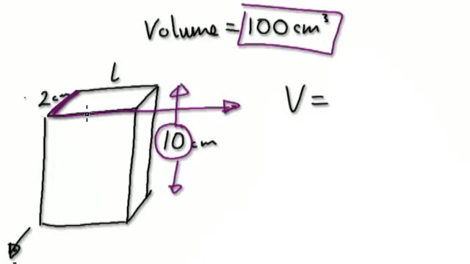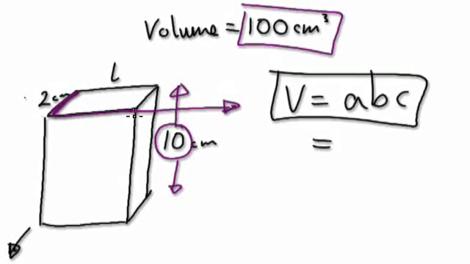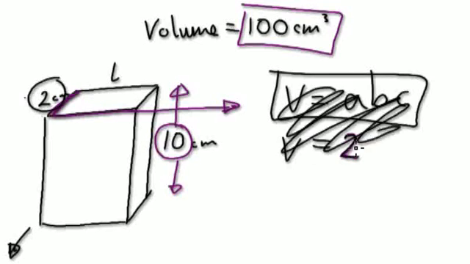So V equals, well, okay, V equals A, B, C. That's the formula for the volume of a cuboid. Oh, actually, let me do it another way. So V equals. Now let's work out the face.